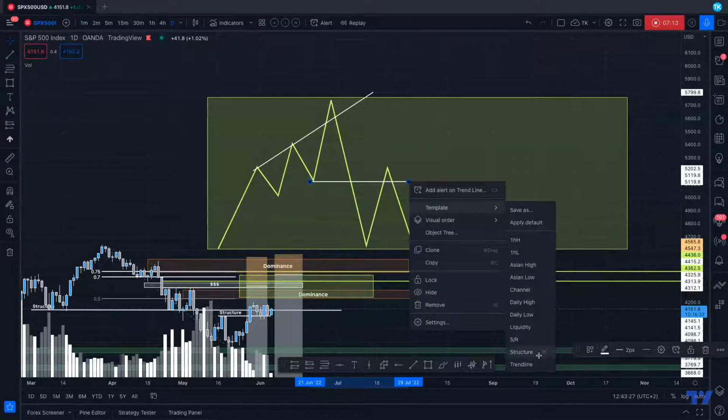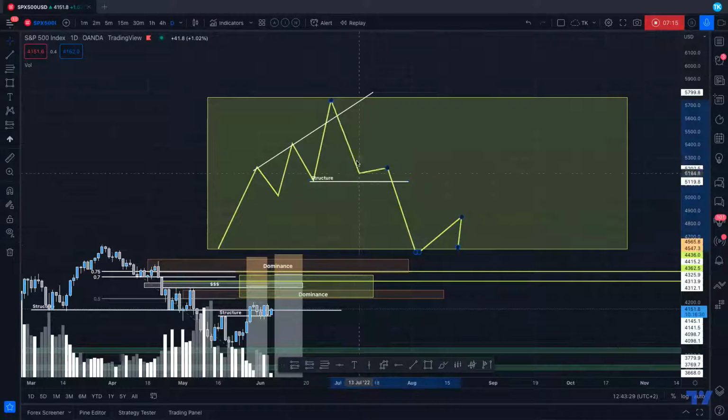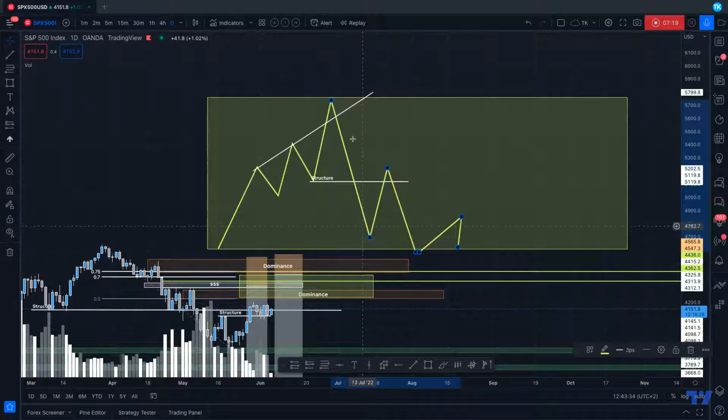This is very important, because this is not a wolf wave pattern. This is a wolf wave pattern. You have to wait for the clear breaking of the structure.